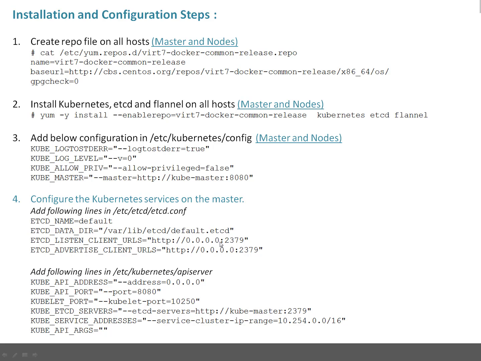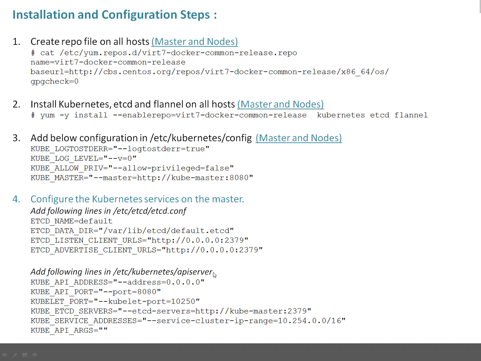That basically means all the interfaces on that particular machine, because loopback IP is 127.0.0.1. Otherwise you've got other IPs like 192.168.10.172. But if you specify 0.0.0.0, it means it is going to cover all the interfaces. Then this is the advertised client URL.